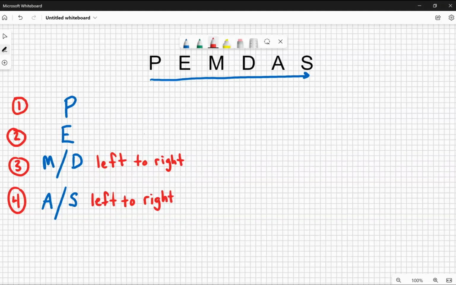Now, why is multiplication and division the same step? Well, let me say something that might blow your mind a little bit. Maybe, maybe not. But there's no such thing as division. Division is not a necessary mathematical operation because we have fractions. So let me give you an example.